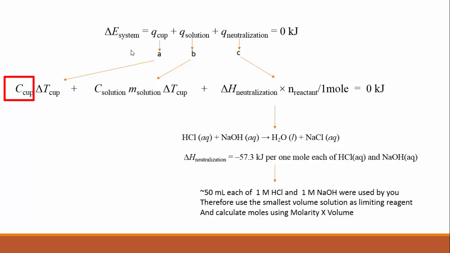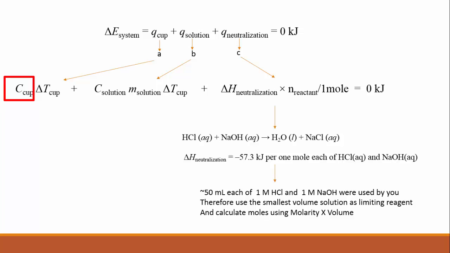The next term is the heat that's absorbed by the solution. That's going to be equal to the heat capacity of the solution, which is given to you in your lab manual, multiplied by the mass of the solution, which is the data that you recorded in your data sheets, again multiplied by the temperature change that you observed in the cup.